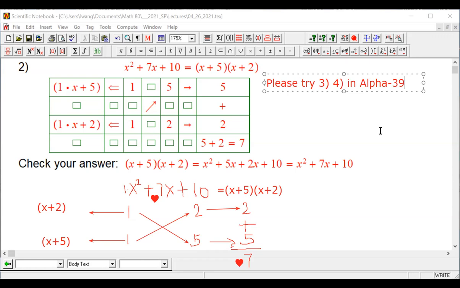I know there are other setups out there. Okay, ready? Ready, set, go. Let's go. Number 3, number 4. You guys have number 3, number 4 in front of you in Alpha 39.